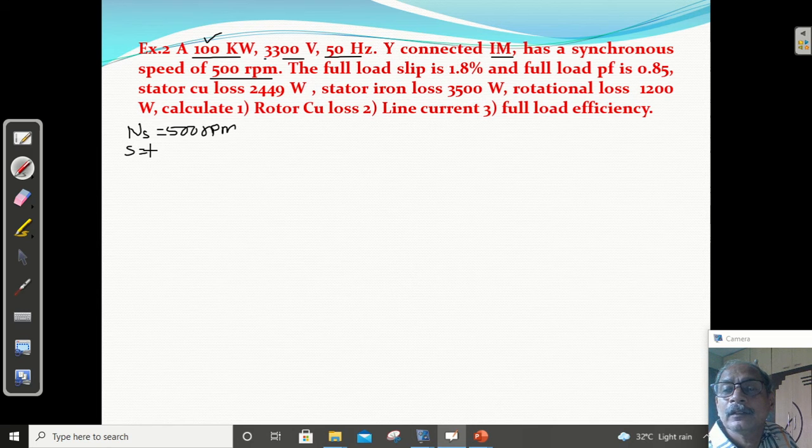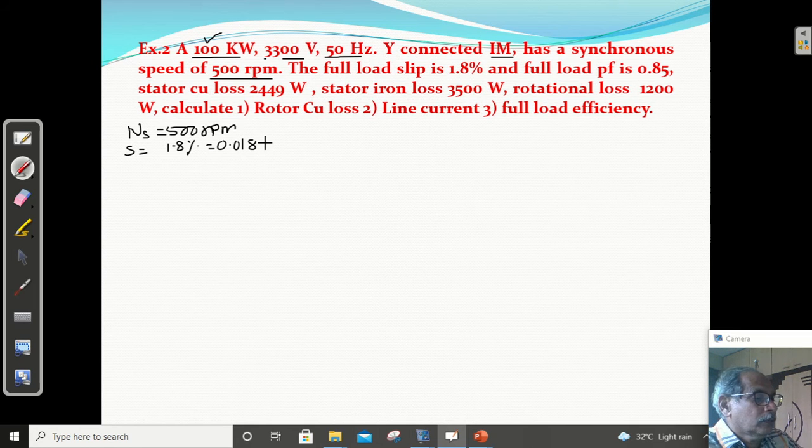And the slip is given, 1.8%, that is 0.018 actually. So from here, this is given.